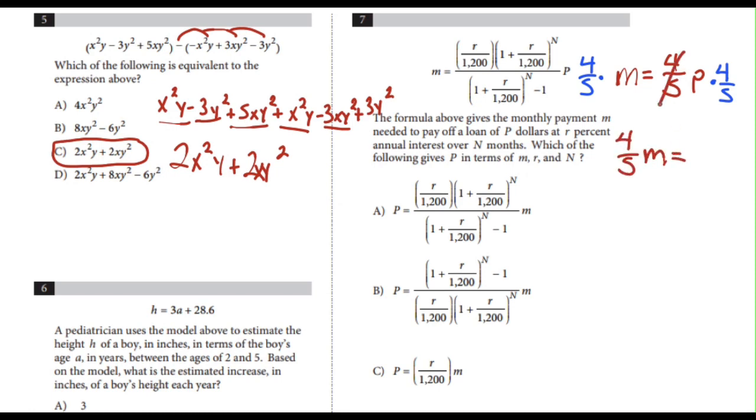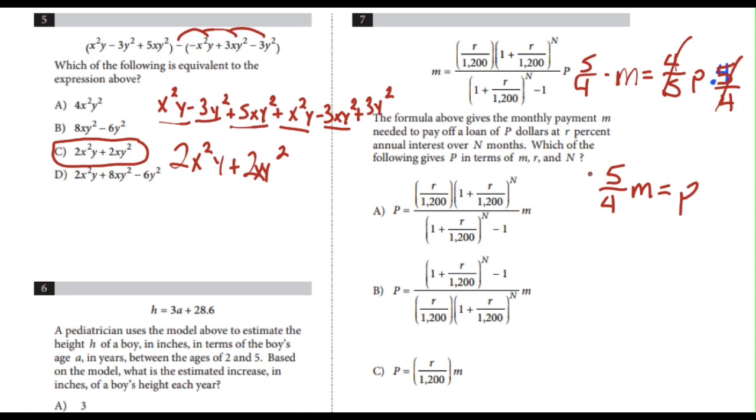And on the right side, we need to multiply by the reciprocal. So we're going to flip these two blue numbers. So instead of 4 over 5, we're going to multiply by 5 over 4 on both sides. On the left side, we'll have 5 over 4 times m. And on the right side, the 4 over 5 and 5 over 4 are going to cancel, and we're left with just p.